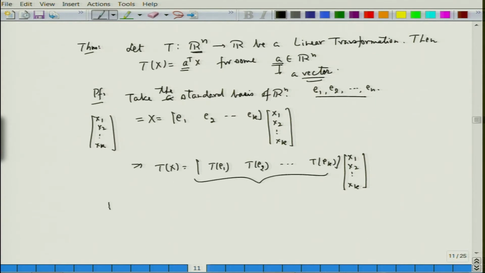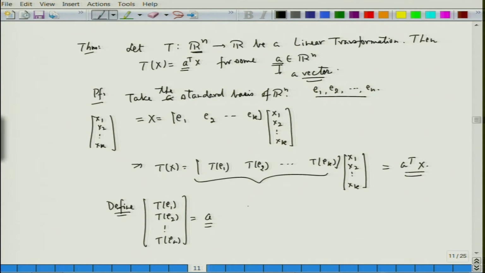So define the vector T of E1, T of E2, ..., T of En as my vector A. If I do this, I get this as A transpose x itself. Is that okay? So you can see that the direct idea gives you the answer.